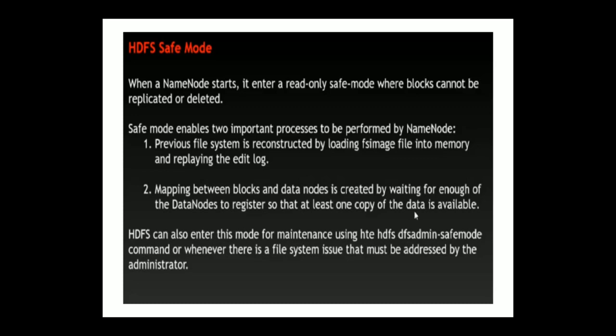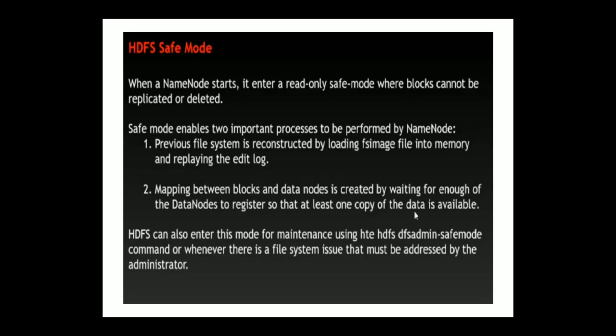When a name node starts, it enters the read-only safe mode, where blocks cannot be replicated or deleted. Actually, it enables two important processes to be performed by the name node. First, the previous file system is reconstructed by loading the FS image file into memory and replaying the edit log.